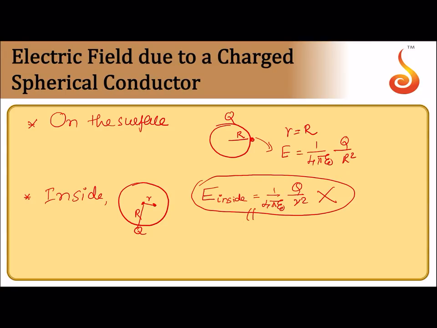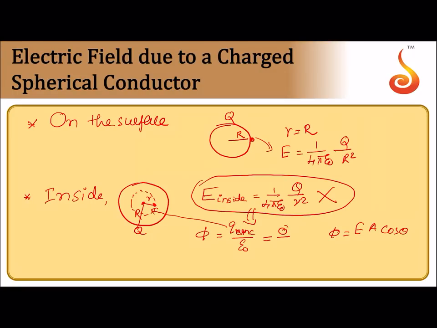This is not correct for the following reason. How did we arrive at this equation? Just recall. We did flux is equal to Q enclosed, or say Q net, divided by epsilon naught, and we combined it with the equation flux is equal to EA cos theta. But this time if you look at it carefully, we have net charge as 0. Is there any charge inside? That means if I consider a Gaussian surface here, do I have any charge enclosed by the Gaussian surface?